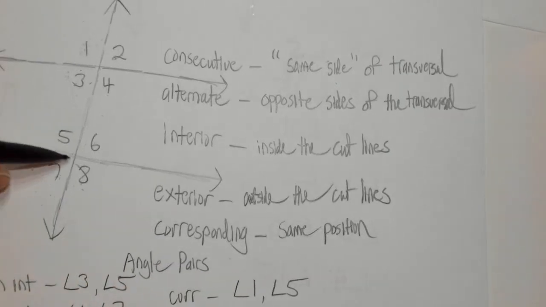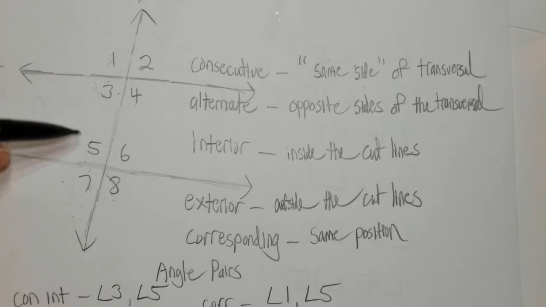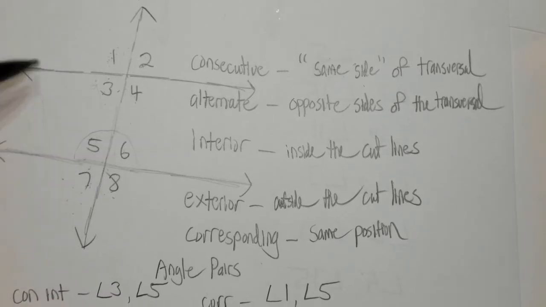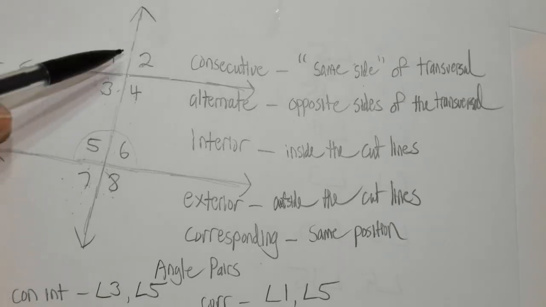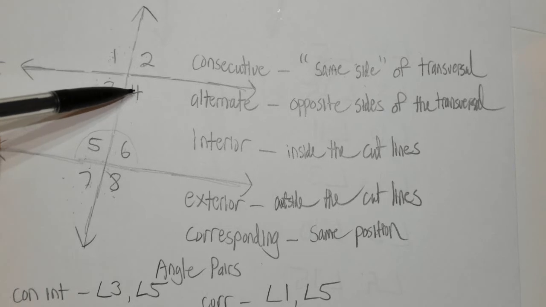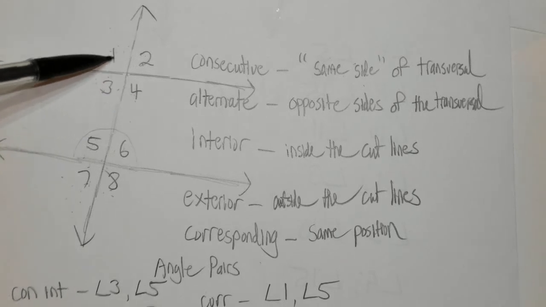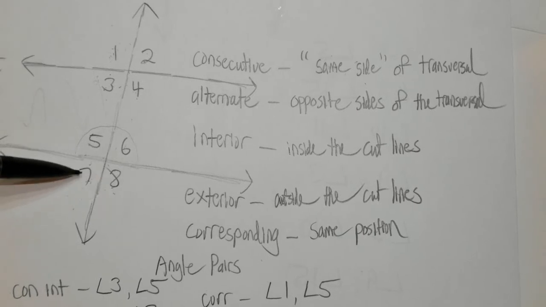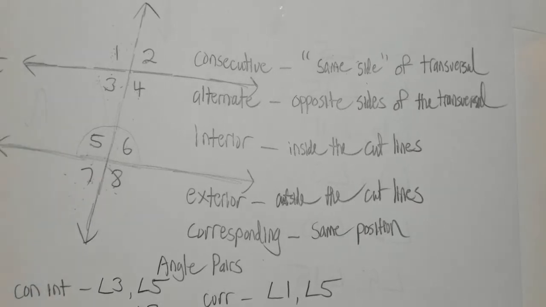They form a linear pair, they're adjacent, and together they make half a circle. They add up to 180. So there are several examples of angles that would be considered a linear pair. 2 and 4, 4 and 3, 3 and 1, 1 and 2, 6 and 8, 8 and 7, 7 and 5, and so forth. Okay.